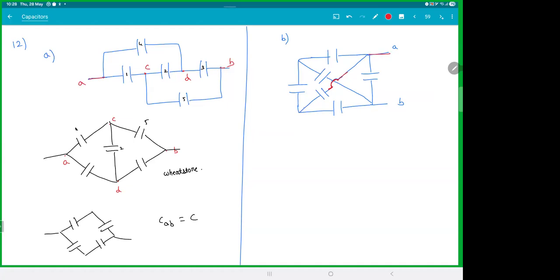Again, name them. So this guy is A, this guy is B, this is C, and this is D. That is the biggest clue. None of the nodes are the same. So using nodal analysis is useless. Let's put the points again. A, C, B, D, and B. If you redraw this, this is how you will see the circuit.